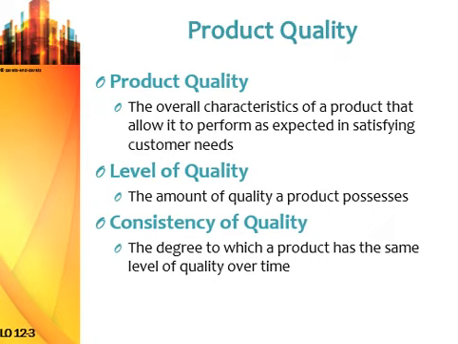In terms of consistency of quality, it is the degree to which a product has the same level of quality over time. Thanks to automation, companies have learned to provide consistency in quality.